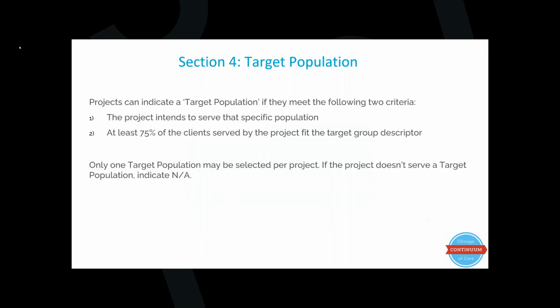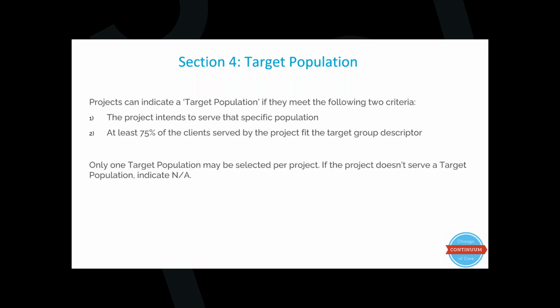Okay, so section 4 is going to talk about target population. Projects can indicate a target population if they meet the following two criteria. The project intends to serve the specific population, and at least 75% of the clients served by that project fit that target group descriptor.